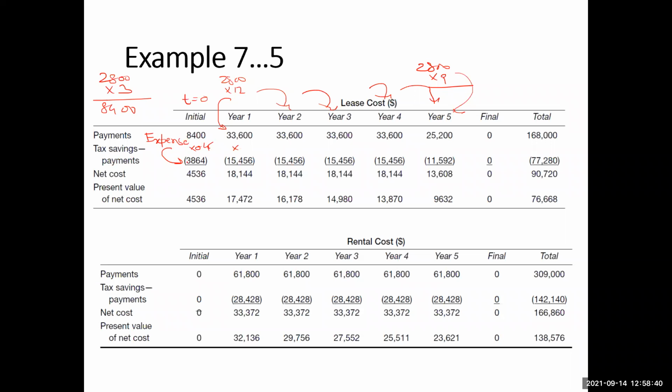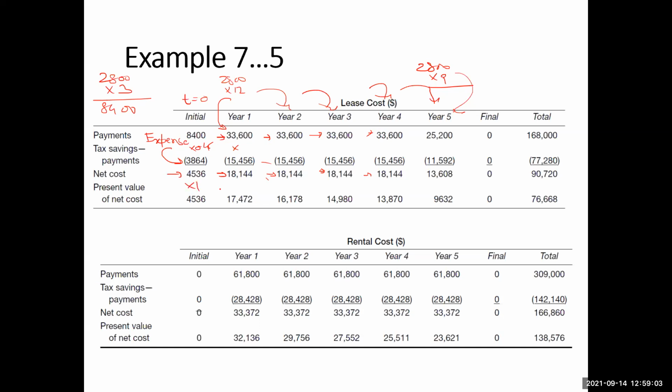After getting these values, what you can do is 8,400 minus 3,848, so it will be 4,566. Then you add up these values: 33,000 minus 15,000. In this way, you will get this cash flow.